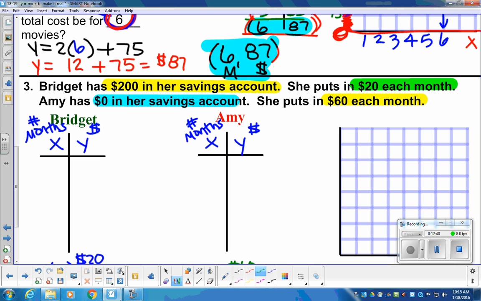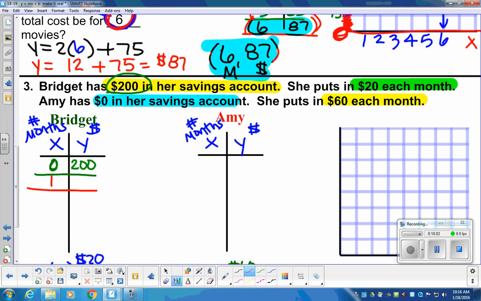Bridget starts with money in her bank account. She's only putting in $20 a month. Amy doesn't start with anything, but she's growing pretty fast at $60 each month. So at month 0, Bridget starts with 200. Now again, I don't know how far to work this table because we don't know when the 2 girls will have the same amount of money. That's what we're looking for.